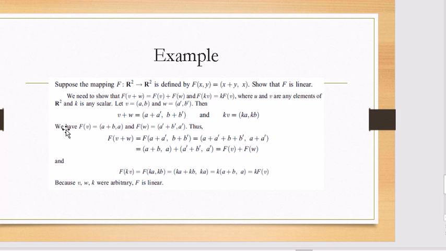Here, if we apply F to the vector v we get this, and similarly if we apply F to the vector w we get this pair. Now we will check if this is equal to this or not. Here F of v plus w equals F of, first we sum v and w, and summing up v and w we get this. Now applying F we get this vector, this pair.